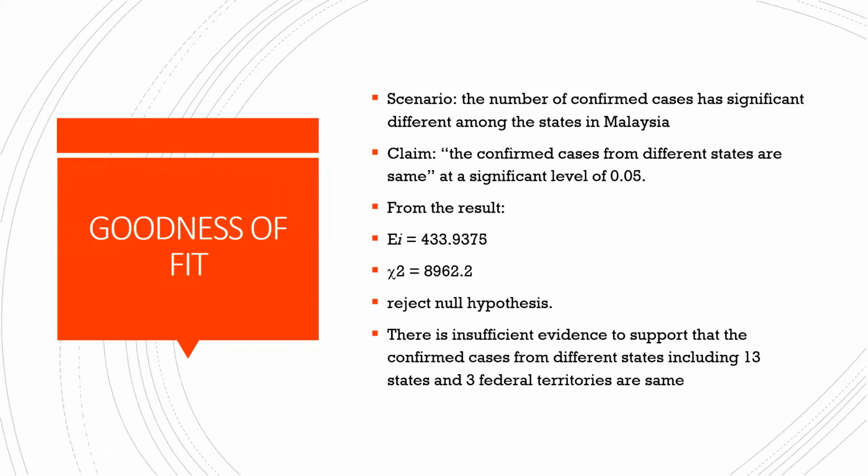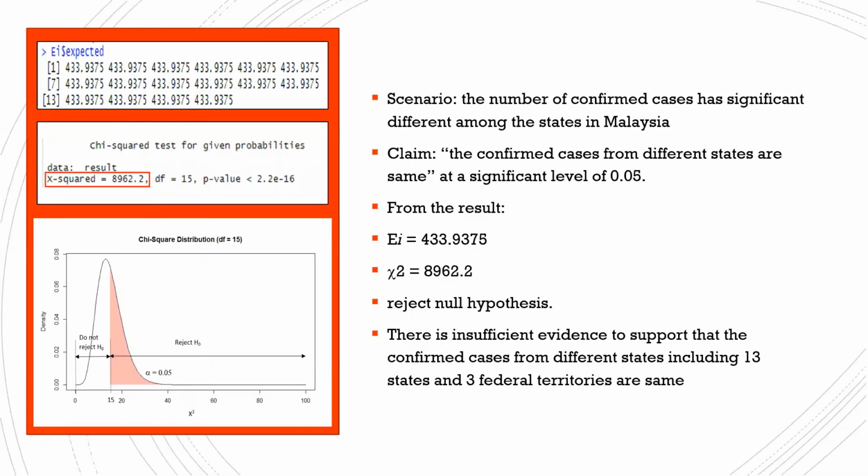Since the chi-square result obtained from RStudio is greater than the test statistic, 24.996, we reject the null hypothesis. The large chi-square value, 8,962.2, and small p-value are due to a large disagreement between the observed and expected values.